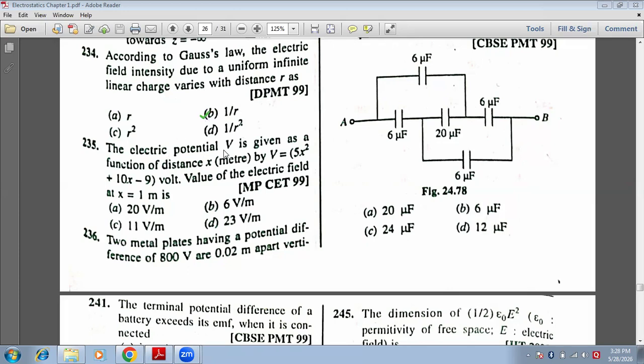The electric potential V is given as a function of distance x in meters by V equal to 5x square plus 10x minus 9 volt. The value of the electric field at x equal to 1 meter is: option A, 20 volt per meter; option B, 6 volt per meter; option C, 11 volt per meter; option D, 23 volt per meter. Correct answer, option A, 20 volt per meter.